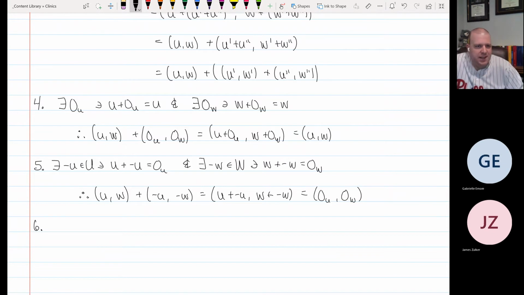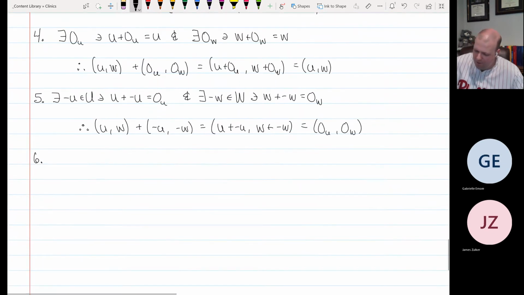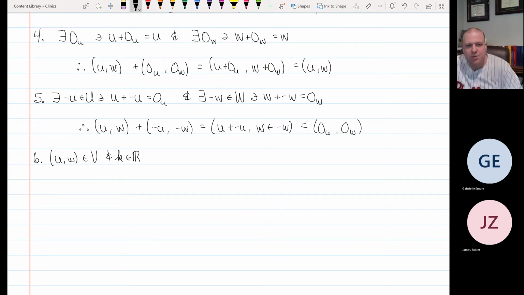So now we have to deal with the multiplication axioms. First one, again, is closure. So we're going to take U, W in V and K being some real number. Well, then we have to have U being in U, right? And W being in W. But this would mean that KU is in U, right? And KW is in W, right?